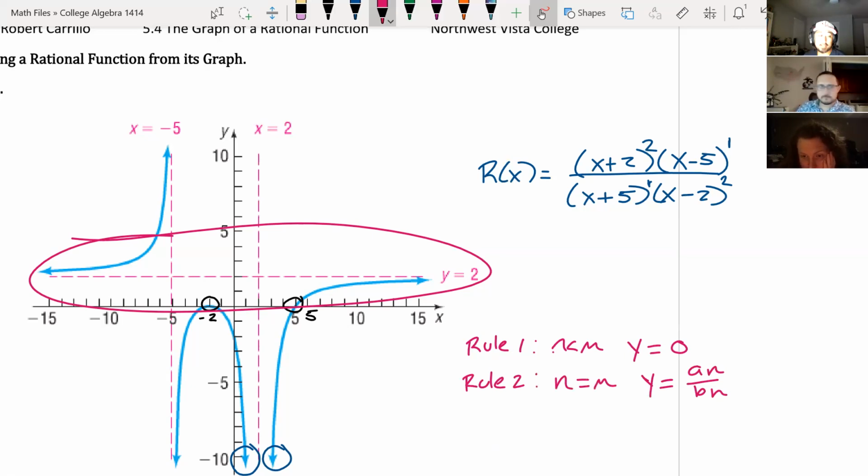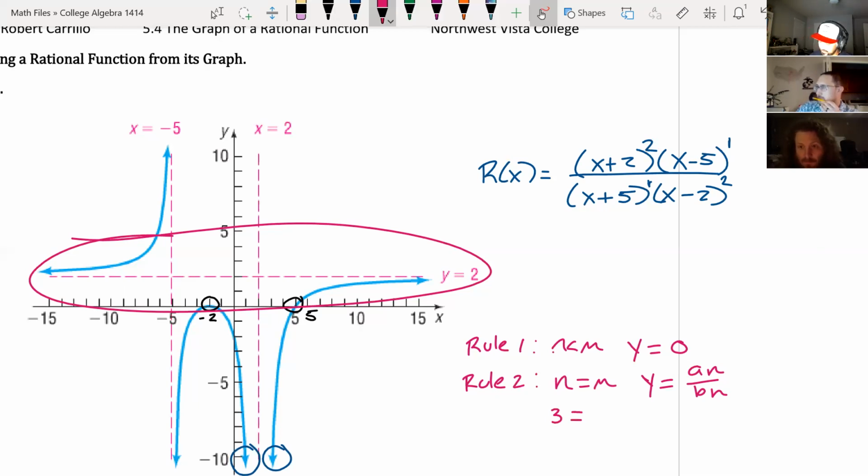So, since it's rule 2, is the degree of the numerator equal to the degree of the denominator? What's the total degree of the numerator? Total degree would be 3. Good. What's the degree of the denominator?